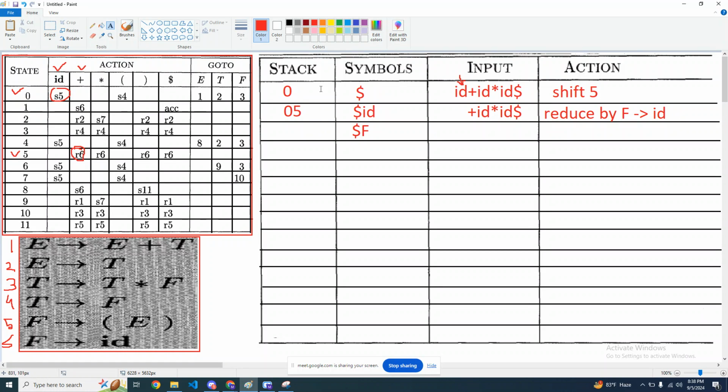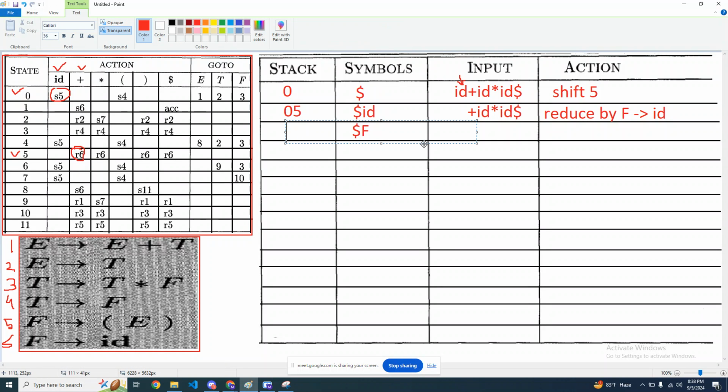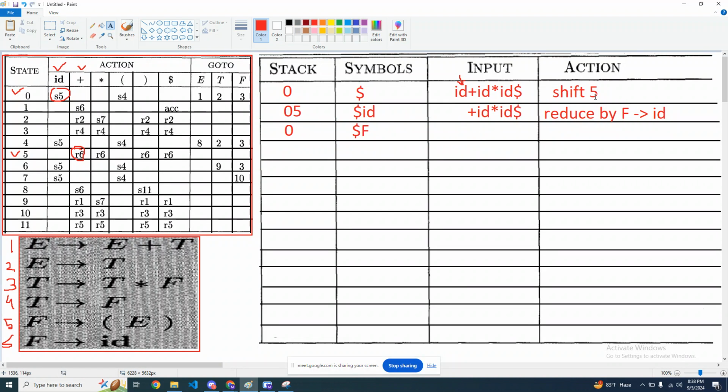If this was 2, we need to remove two values from the top of the stack. If it was 3, we need to remove three values. So as this is 1, we remove 5 as it is on the top of the stack. So in our stack, 0 will be there. We remove 5. So what was the first part? We calculated the cardinality, we reduced the symbol, and we removed one value, or the cardinality number of values, from the top of the stack. This is part 1.